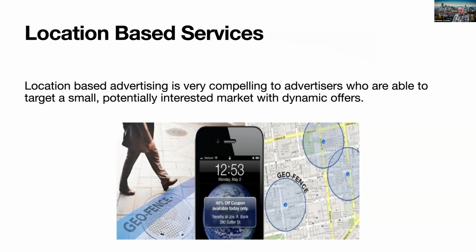Location-based advertising is very compelling to advertisers, because they can target small, very interested markets. So, for example, if you have a Burger King app, Burger King knows your profile, right? And therefore they can say, "Oh, he normally buys a Big Mac this time of day. Maybe he's hungry, and he's now within a certain range of a certain Burger King restaurant."